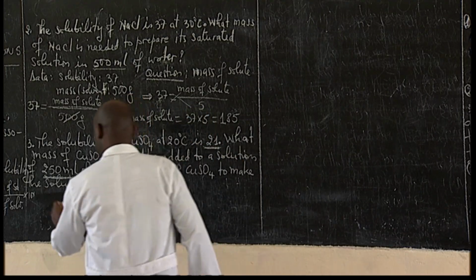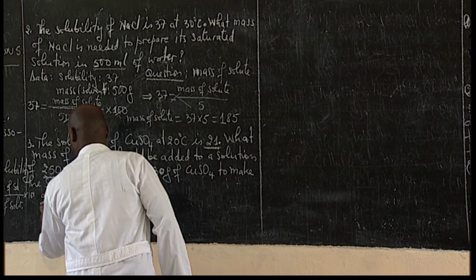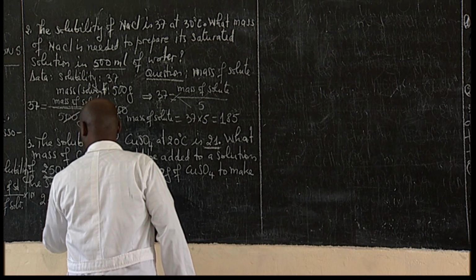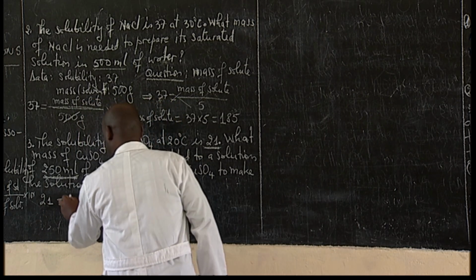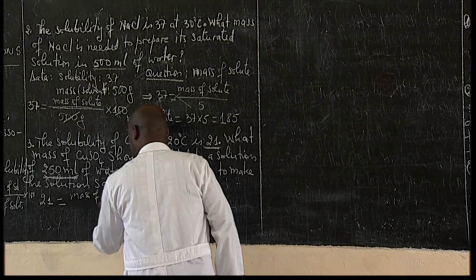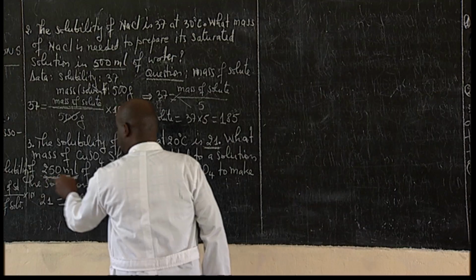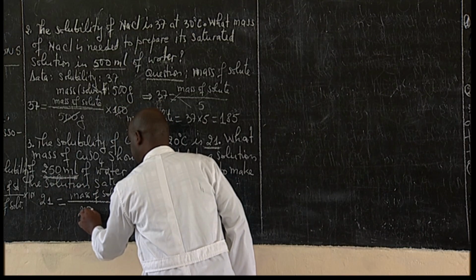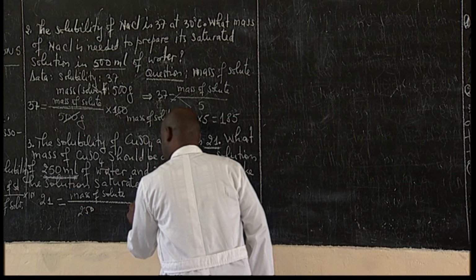So we have our solubility, it's 21, which is equal to the mass of solute over the mass of solvent, 250 times 100.